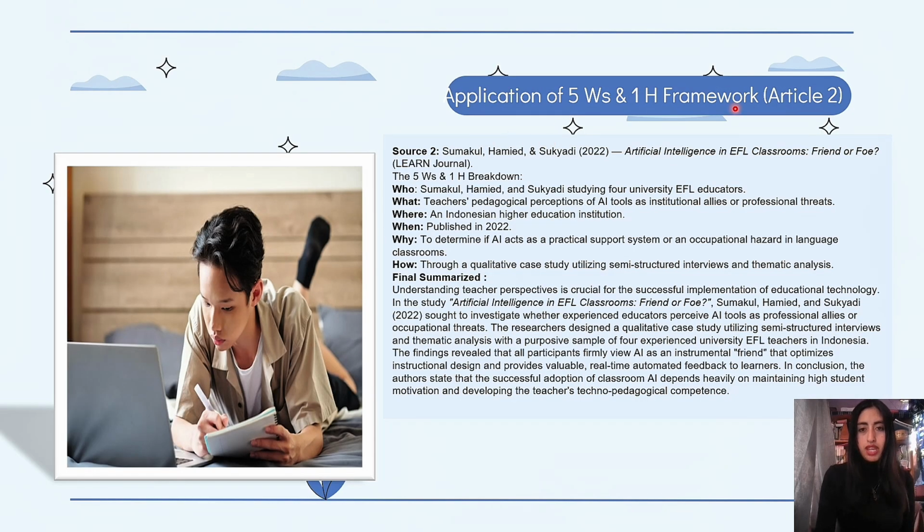For example, for the second strategy, Article 2, the source is Sumarni and Suryadi 2022, "Artificial Intelligence in Classrooms." Okay, I shared Article 2.